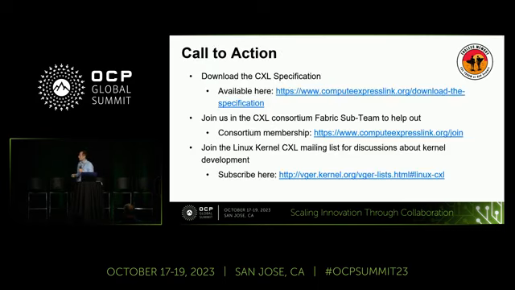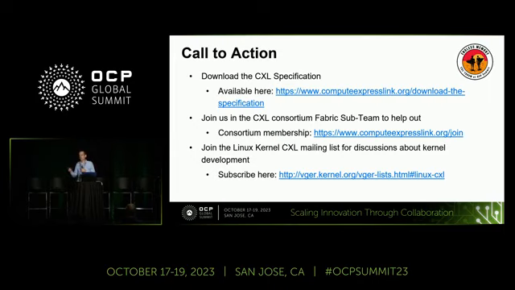Call to action is get your hands on the CXL specification, take a look, and then join us in the consortium. The power of the consortium is the diversity of members, right? The software developers, the server vendors, the component vendors, the CSPs, the hyperscalers.